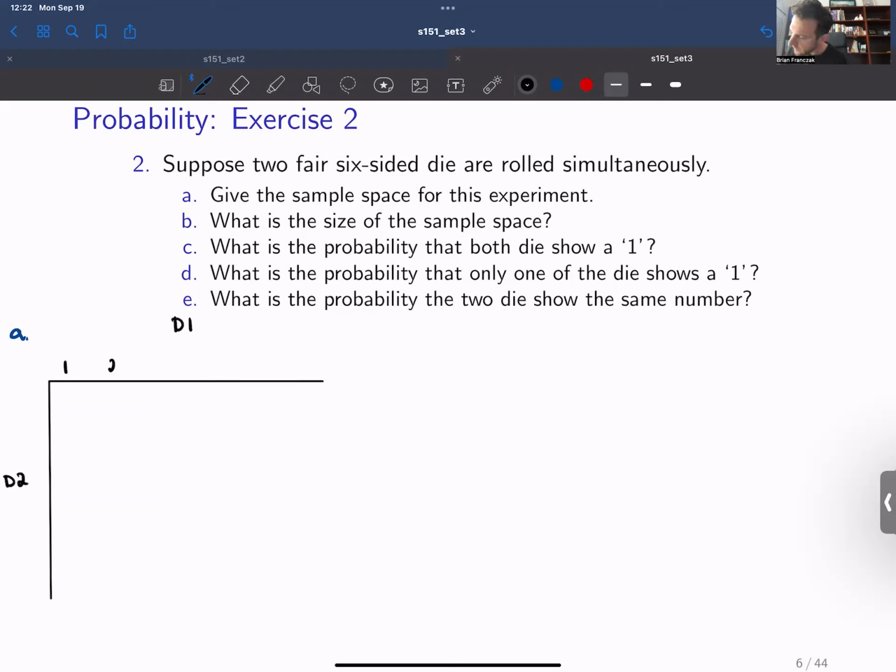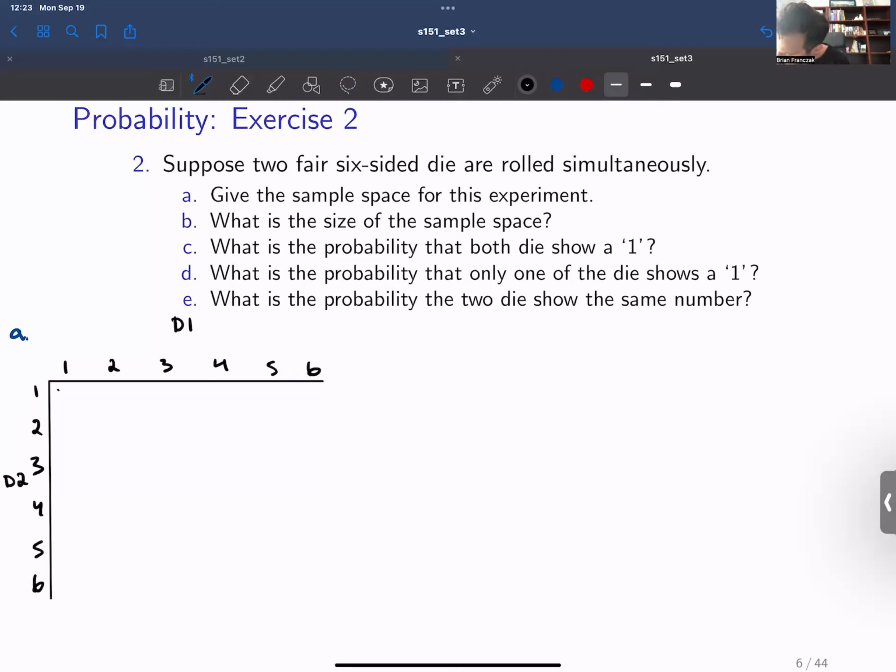Each die contributes 1 of 6 possible numbers. When we roll the die at the same time, we're going to observe 1 number from die 1 and 1 number from die 2.